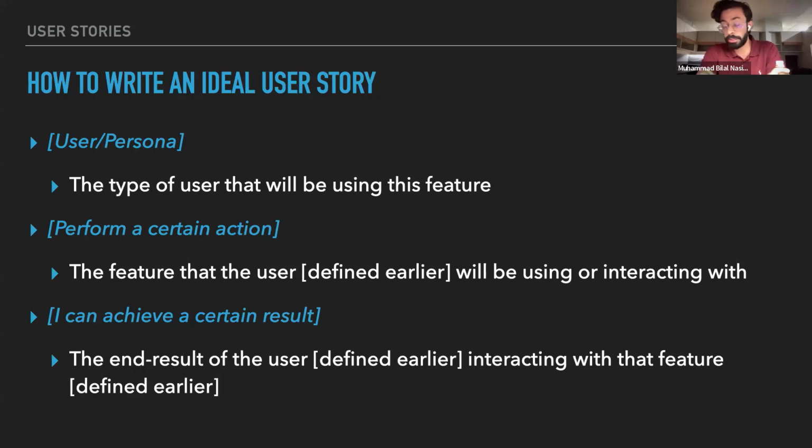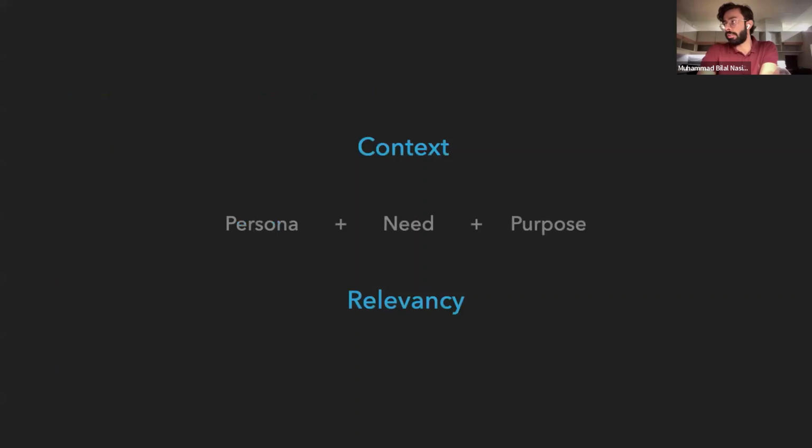It's not something that's going to stand out. It's not something that will increase the efficiency of a product team significantly. It's just something that will not fail. It's just okay, adequate. So if you use this template, this formula, this format, you will be able to write an ideal user story, right?